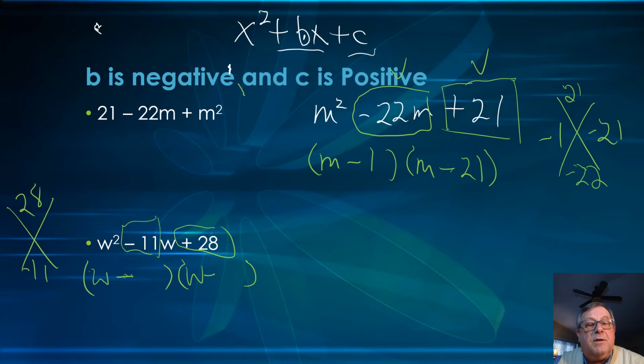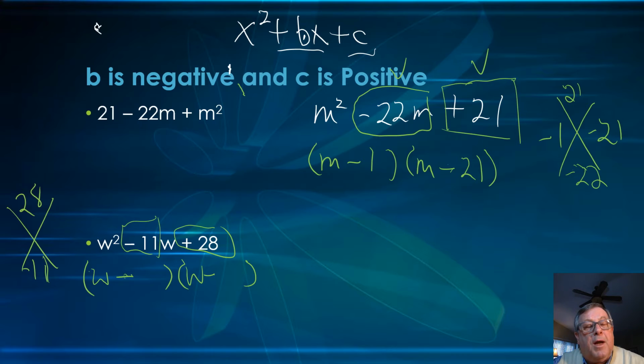And knowing your multiplication tables can make your life so much easier in this regard. So, okay, well, I could go down the list. Negative 1 times negative 28 is going to be positive 28, but when I add those, it's going to be negative 29.